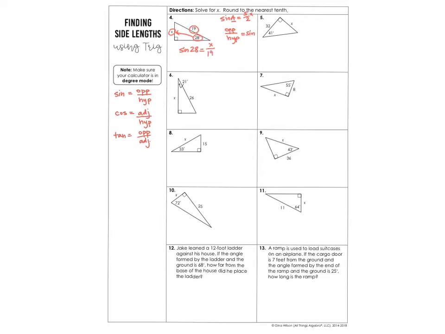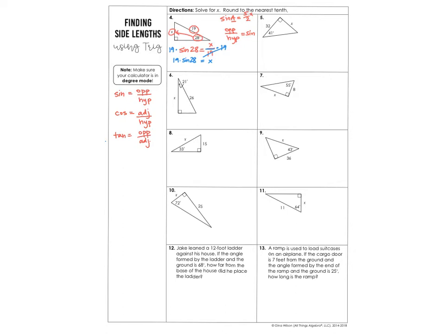Now, you should know how to solve this equation, even though you've never seen an equation done like this before. To find x, we've got to get rid of this 19. Since x is being divided by 19, we multiply by 19 on both sides to get the x by itself. That's going to cancel out 19, and we're going to be left with x equals 19 times the sine of 28. Now, in your calculators, hopefully you have one at home, you can just hit the sine button.